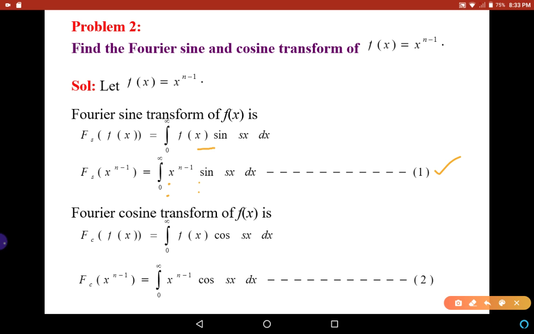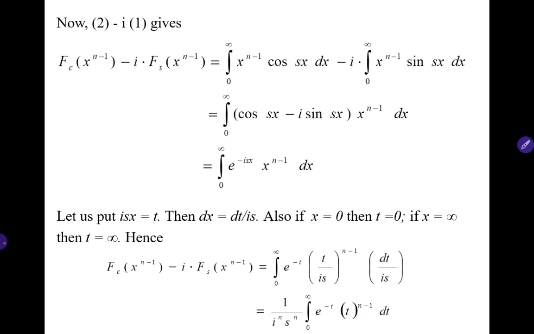Now consider the Fourier cosine transform also. The Fourier cosine transform is defined as the integral from 0 to infinity f of x into cos sx dx. Now in place of f of x, substitute x power n minus 1 and call that equation number 2. So now we have two equations, equation 1 and equation 2. Now we combine these two equations like this.